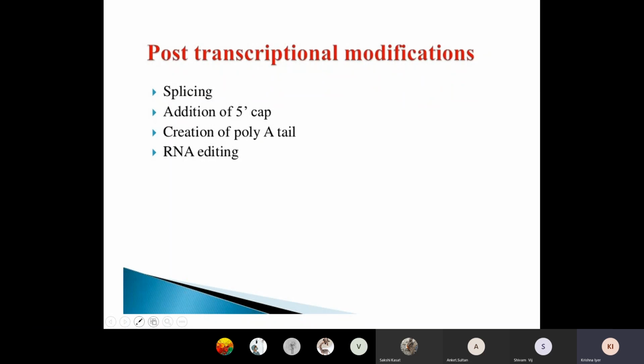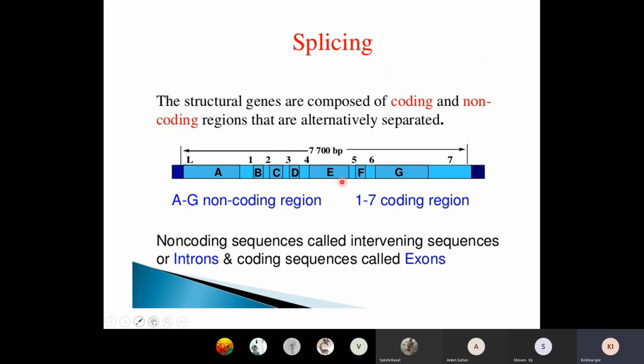We said that in eukaryotes, after RNA polymerase makes RNA, there is a modification that occurs to the RNA which is synthesized, and there are several modifications referred to as post-transcriptional modifications. We started looking at some of them, and the first was splicing, where, after the RNA is made, a lot of pieces of RNA are removed, or what is called spliced out.